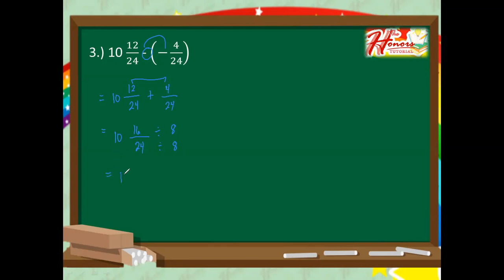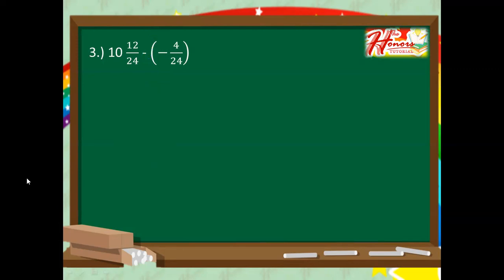Just copy 10 or set it aside. 16 divided by 8, that's 2. 24 divided by 8, that's 3. So that is 10 and 2 over 3. That's the final answer already, because there's no number that can divide 2 and 3. And also 2 over 3 is already a proper fraction, so no need to change that into a mixed number.